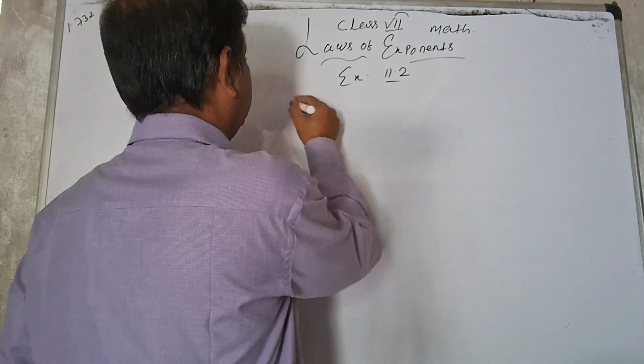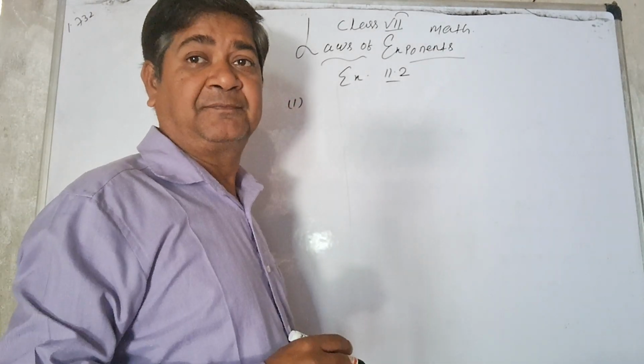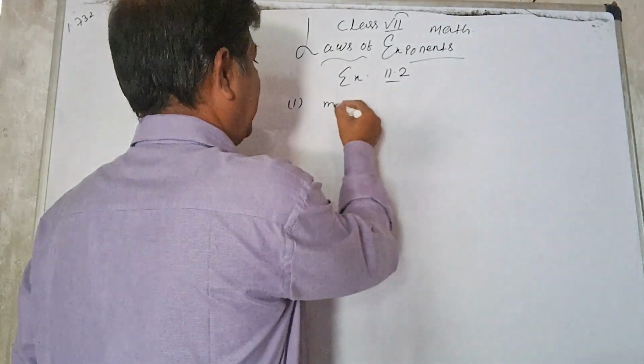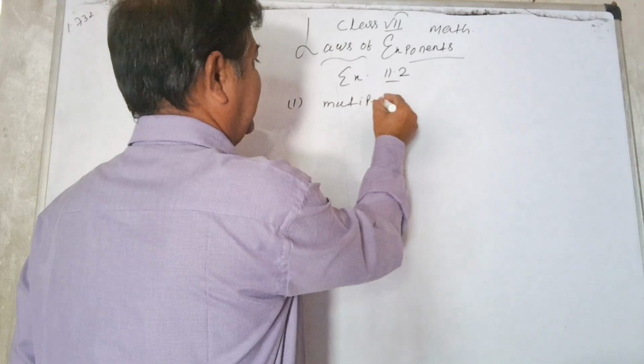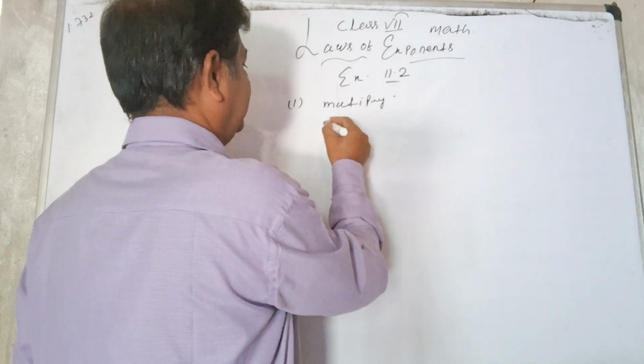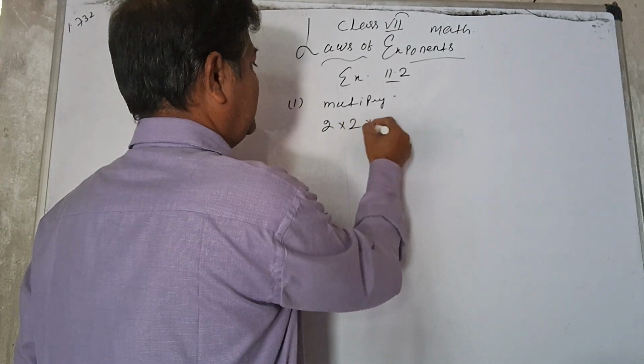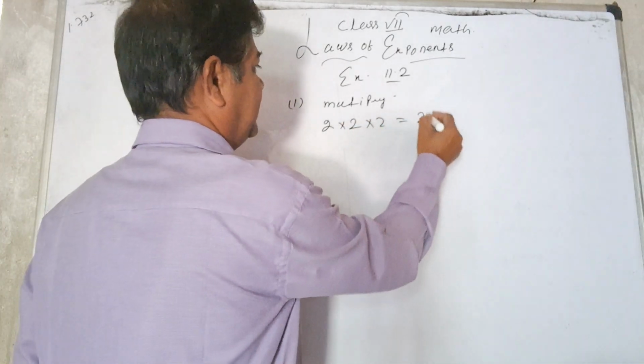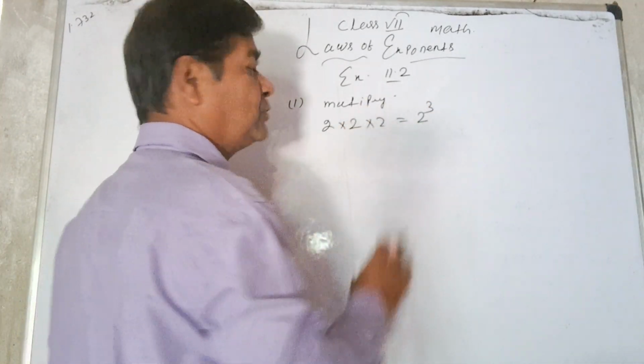First law, multiplication of a base. When we multiply bases, generally we know that 2 into 2 into 2 is 2 to the power 3.